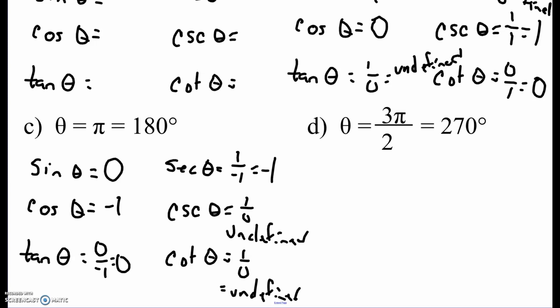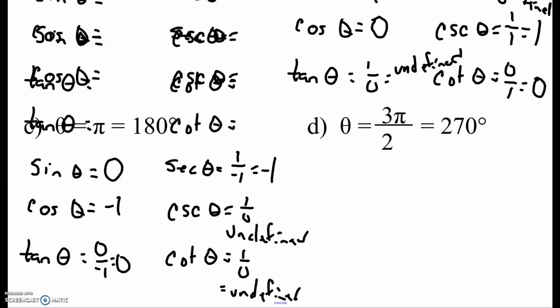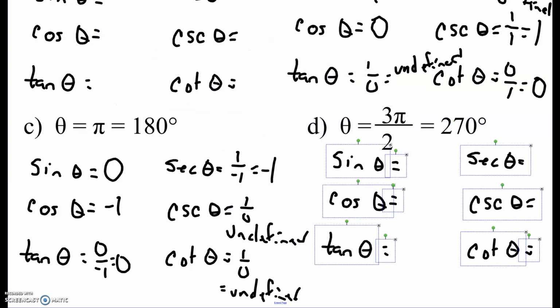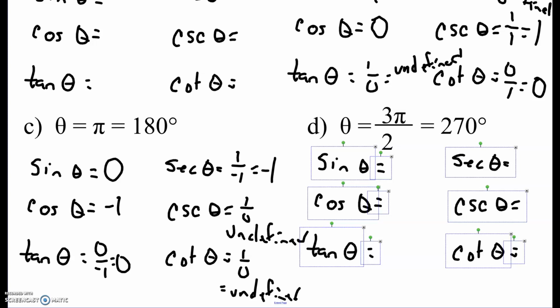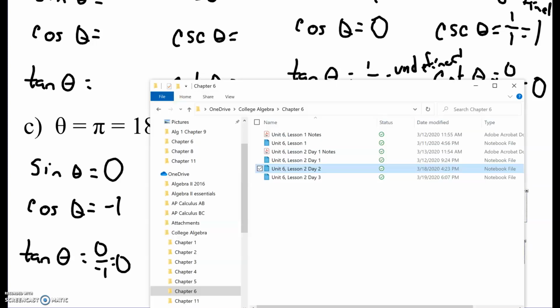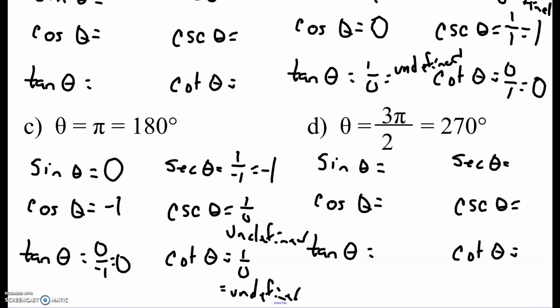Our last set of quadrantal angles, 3 pi over 2. In this case, sine is -1, cosine is 0.